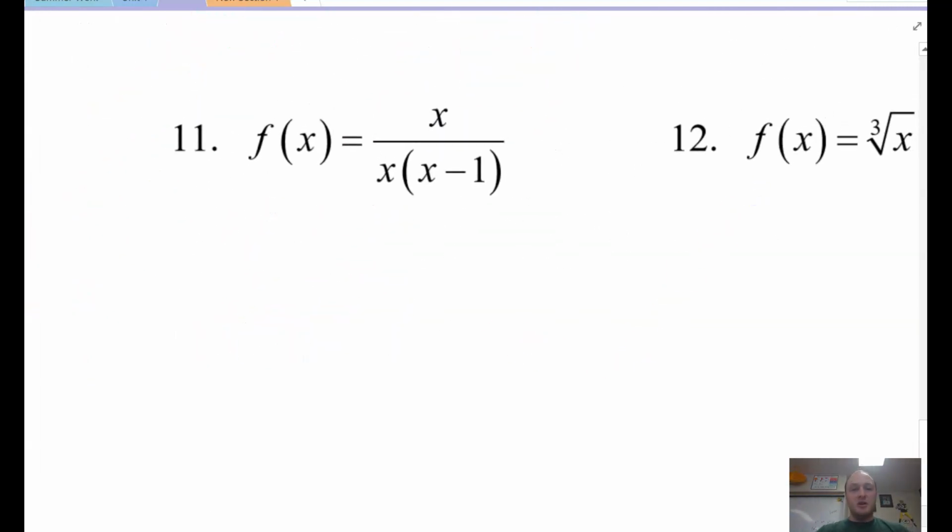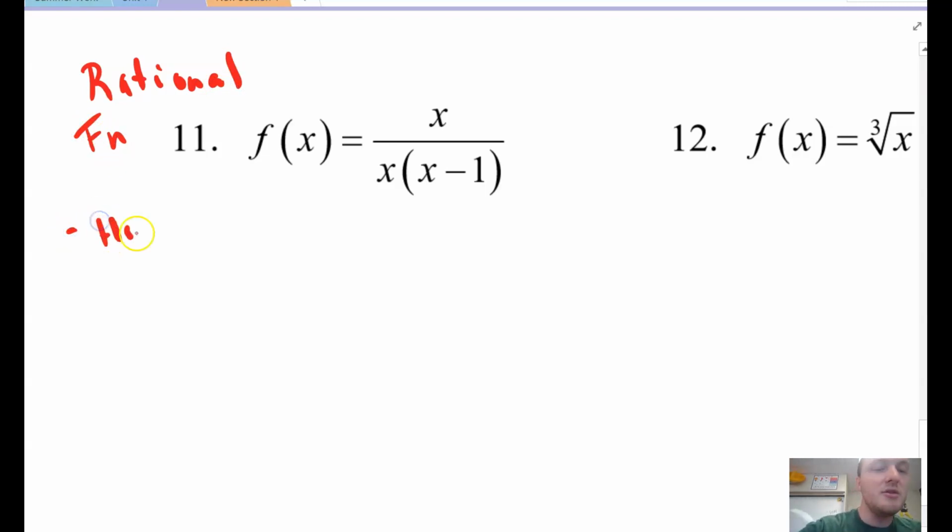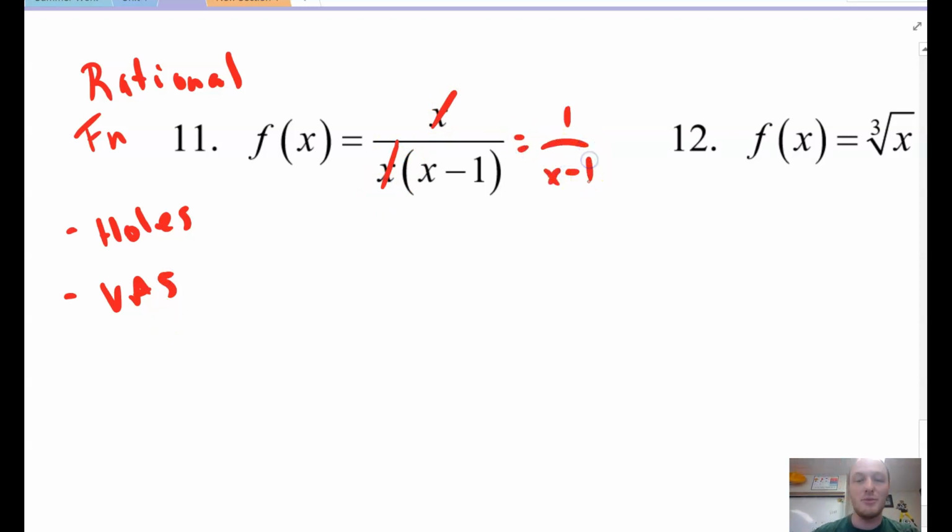All right, number 11. On number 11, I hope you immediately see a fraction and say, hey, this is a rational function. And with rational functions, you have to watch out for two types of discontinuities: holes and vertical asymptotes. So I'm going to reduce an x top and bottom to reduce my function to 1 over x minus 1.